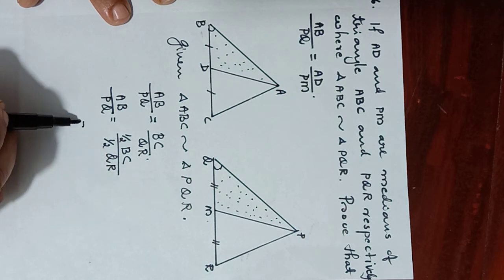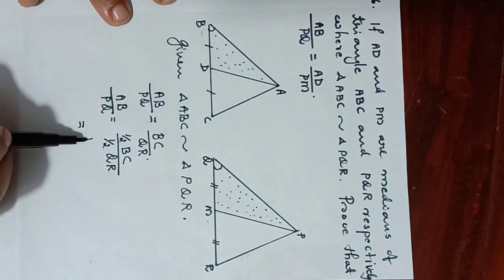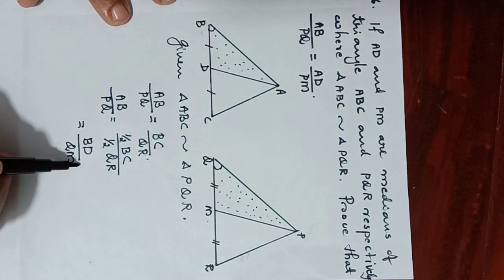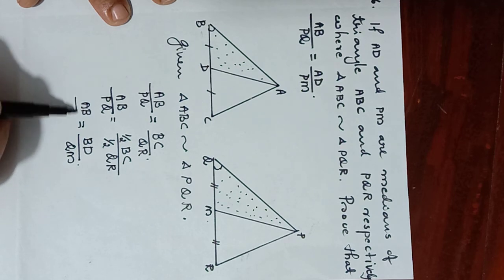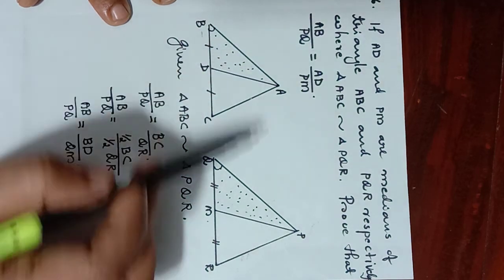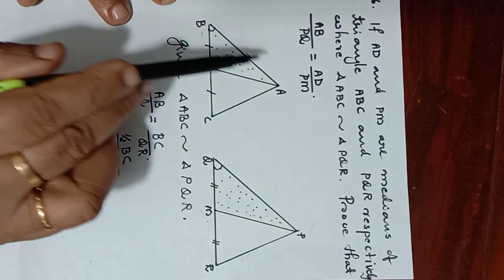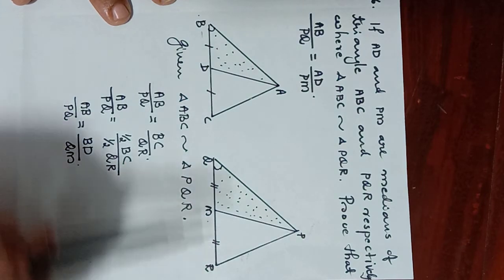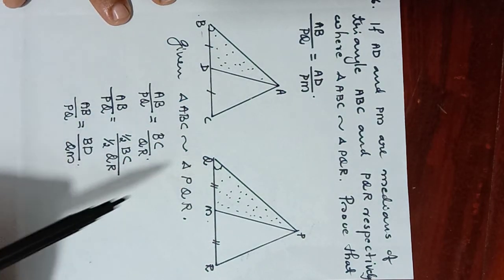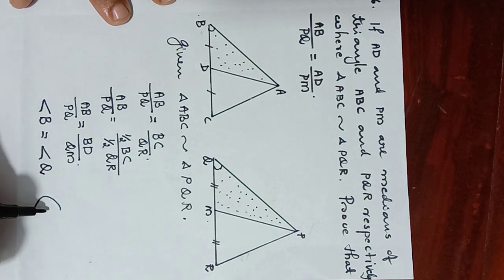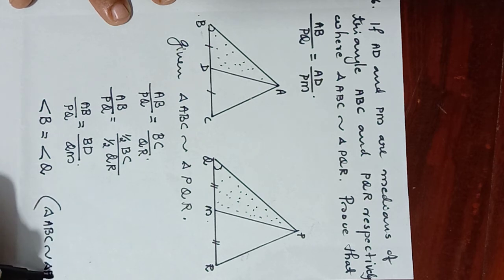What is this half BC equal to? Half BC is equal to BD. Half QR is equal to QM. We can write it as AB by PQ is equal to BD by QM. So two sides proportionality we got, and already we have said angle B is equal to angle Q. Let us write angle B is equal to angle Q. Reason is triangle ABC similar to triangle PQR, corresponding angles are equal.